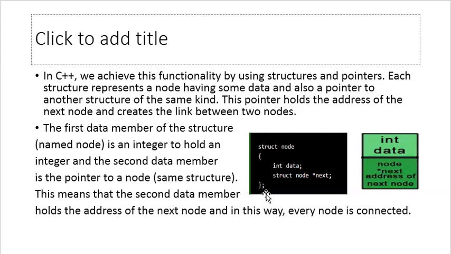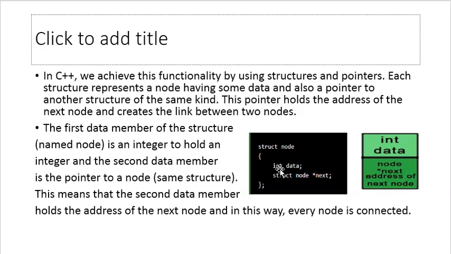This is the way of writing a structure: you write struct, then the name of the struct. The name of the struct will be node, and then the curly braces, and then for every node we will need a data and a pointer. The curly braces are then closed with a semicolon.